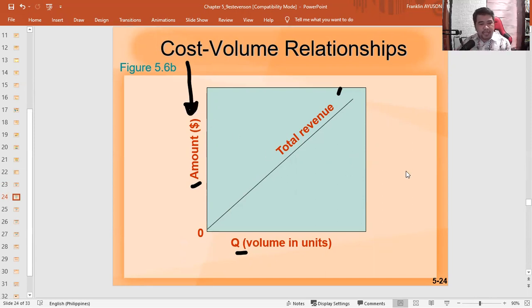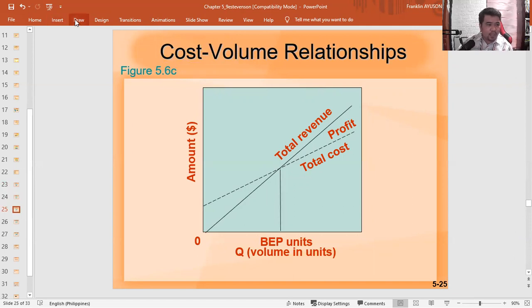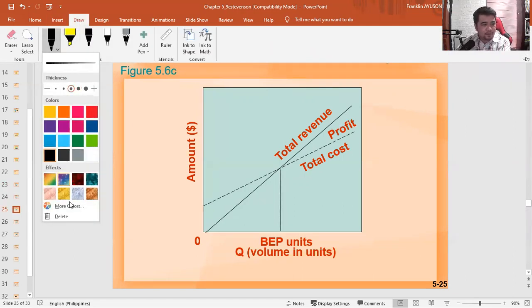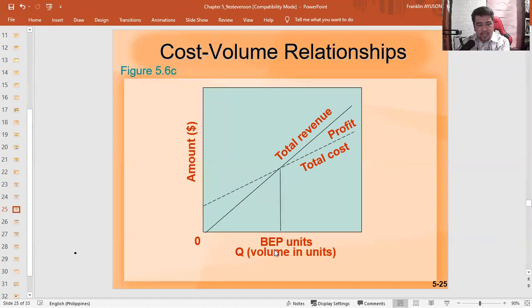Now, in that concept, we want to take into consideration that, with your total revenue and your total cost, the difference between your revenue and your cost is your profit.